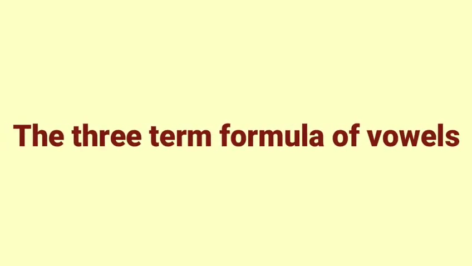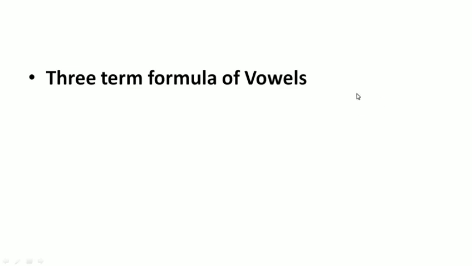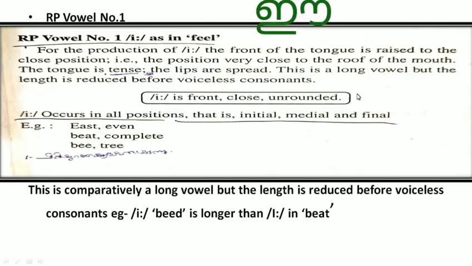Then we are going to describe the three-term formula of vowels in English. What is the three-term formula? We have already seen it: front, back, unrounded or rounded vowels. RP vowel number 1 is E as in feel. For the production of E, what happens in the mouth? The front of the tongue is raised to the close position, so E is a front vowel. The position is very close to the roof of the mouth. The tongue is tense.